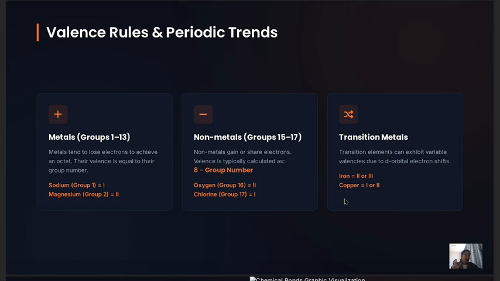First of all, metals tend to lose electrons. They are located in groups 1 to 3, so their valence is simply equal to their group number. For example, sodium is in group 1, so its valence is 1. Magnesium is in group 2, so its valence is 2.